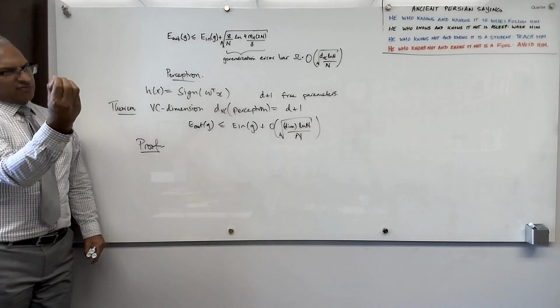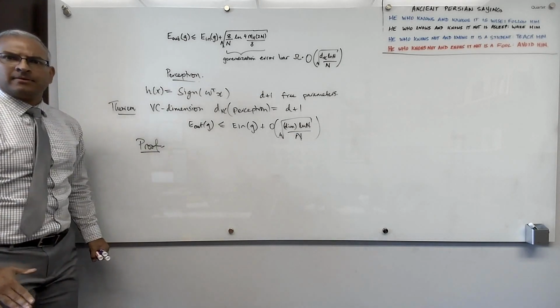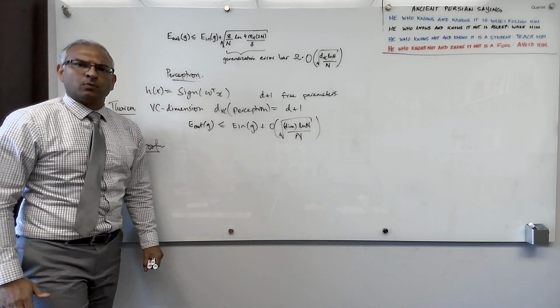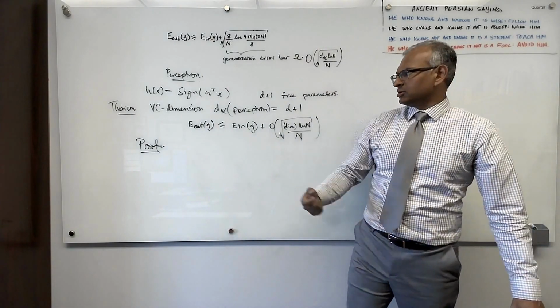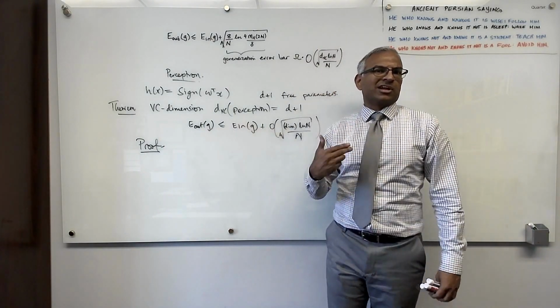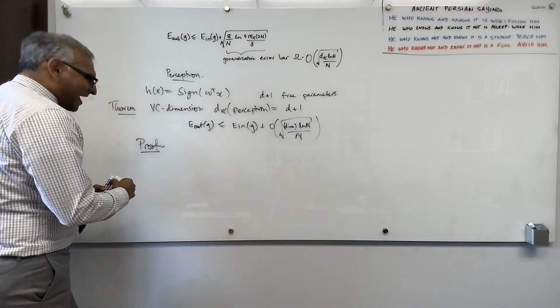So if you can get E in close to 0 with the perceptron, bam! You have learned well. It's only when you have to go more complex than the perceptron in order to get E in close to 0 that you need to start getting worried.